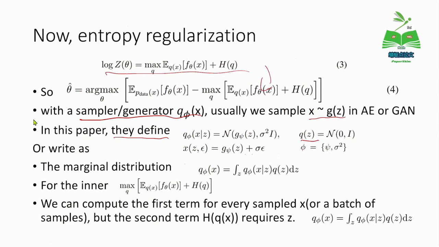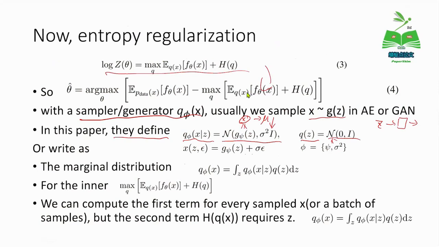The prior distribution Q(Z) is the Gaussian distribution, and the distribution of Q_phi(X given Z) works like this: first they sample a Z from random noise, and then they pass it through a generator. They get some X-like data, but it's not the final X. They use it as the mu, or the mean, and add Gaussian noise with the sigma.